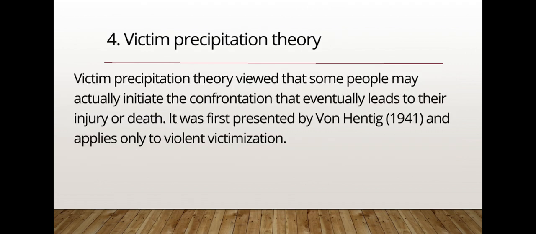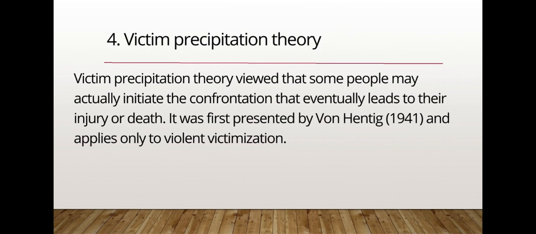Next is the victim precipitation theory. Ano naman yung victim precipitation theory? It's viewed that some people may actually initiate the confrontations that eventually leads their injury or death. Ibig sabihin, kaya daw nabibiktima ang isang tao is dahil sa kagagawa nila. Ibig sabihin, nauna sila, kaya sila ginawan ng criminal ng isang tao.